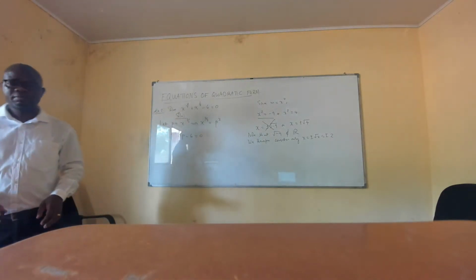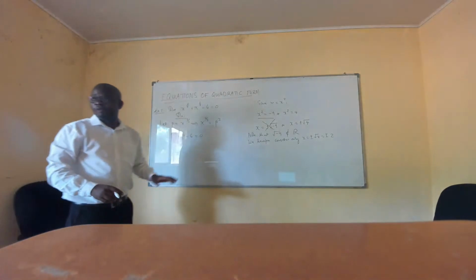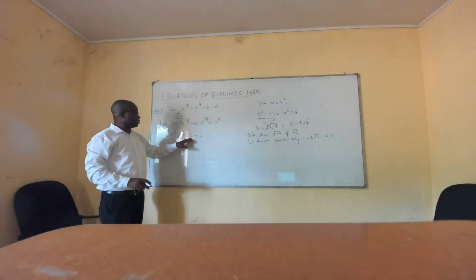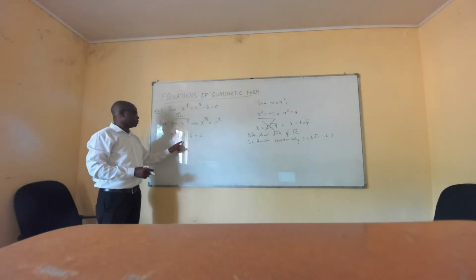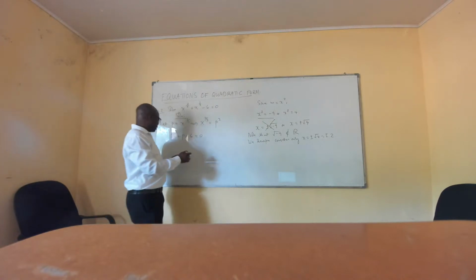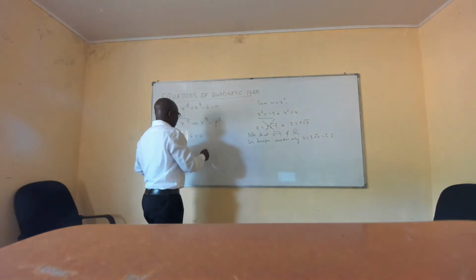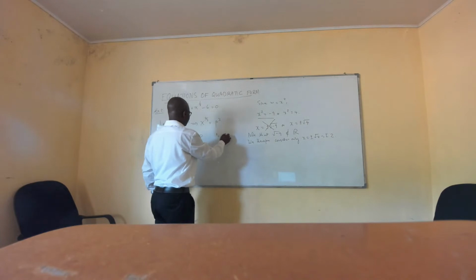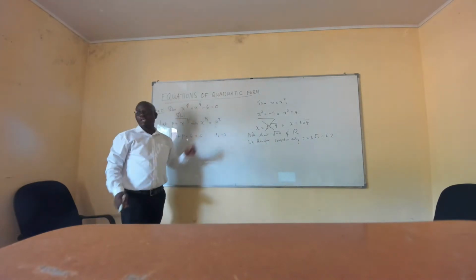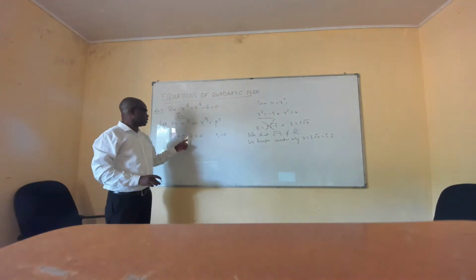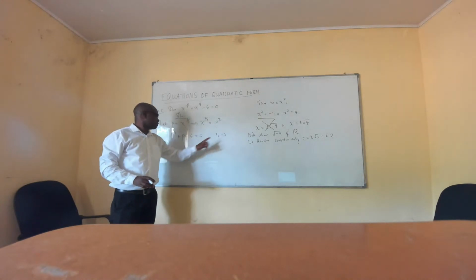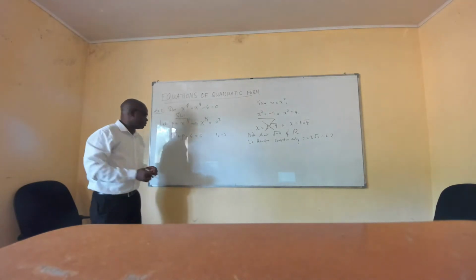Then we simply look for factors of negative 6 whose sum is 1. Those factors are 3 and minus 2. When you multiply 3 and minus 2, you get negative 6. When you add them, you get 1, the coefficient of p.